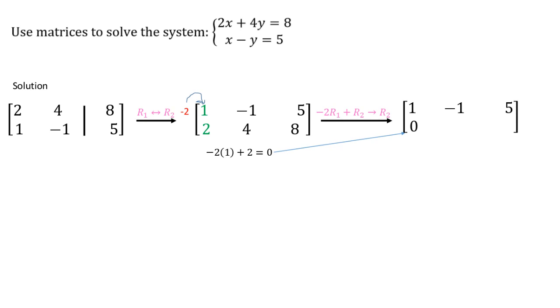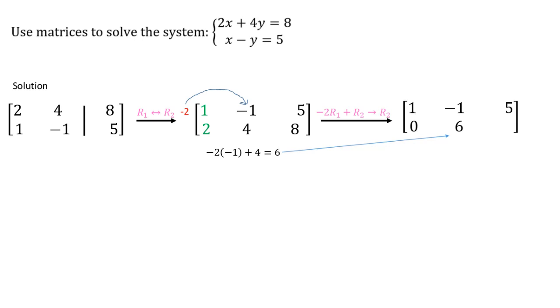But let me show you the process here where we got the 0. Again, when I multiply negative 2 times 1, that is a negative 2. Negative 2 plus 2 is 0. That goes there. Okay? Then I do it again. Negative 2 times a negative 1 is a positive 2, and 2 plus 4 is going to give me 6.